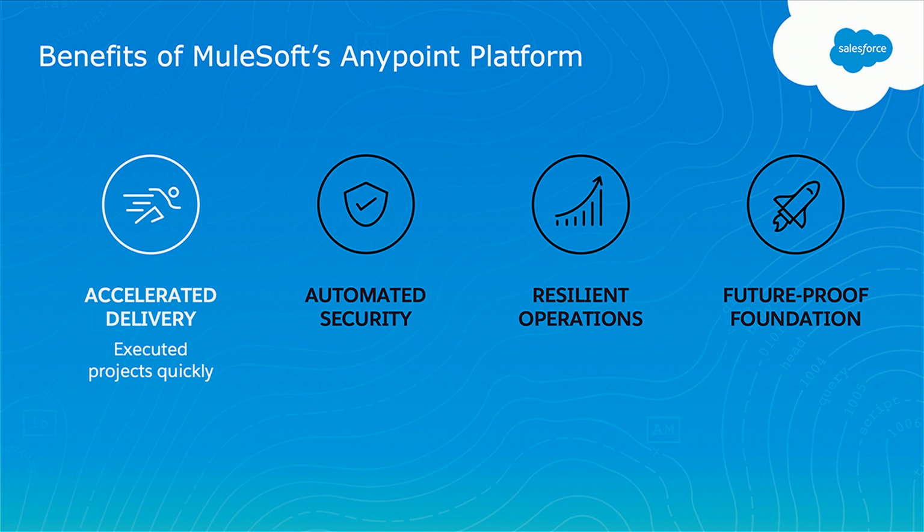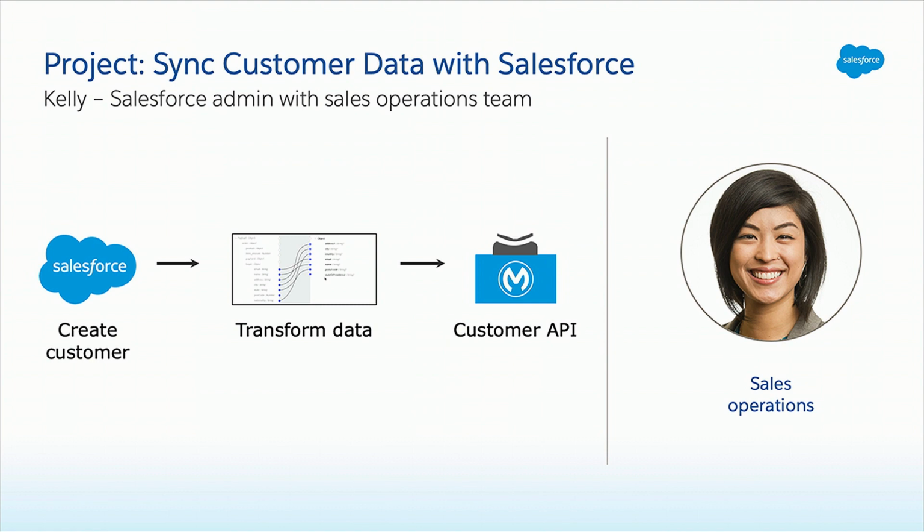But that was just for Marty, and that was the producer side of things. Let's look at another use case for the consumer side of things. This is Kelly, and she's a Salesforce admin with the sales operations team. She's not very technical. She doesn't have much experience with APIs and integrations, but she still has a use case where she needs to do a sync project, where whenever a contact is created on Salesforce, it automatically gets created in the customer database that Marty had.